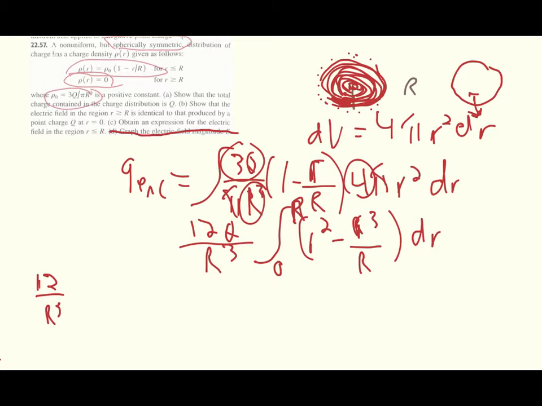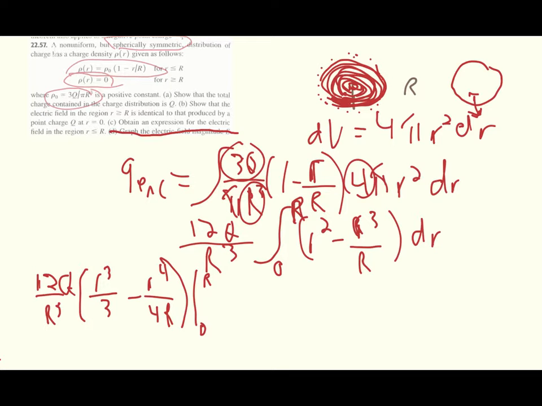We're just working with Q. We integrate it, and it's going to be little r cubed over 3 minus little r to the 4th over 4R, evaluated from 0 to R. And if we plug in 0, we're going to get 0.